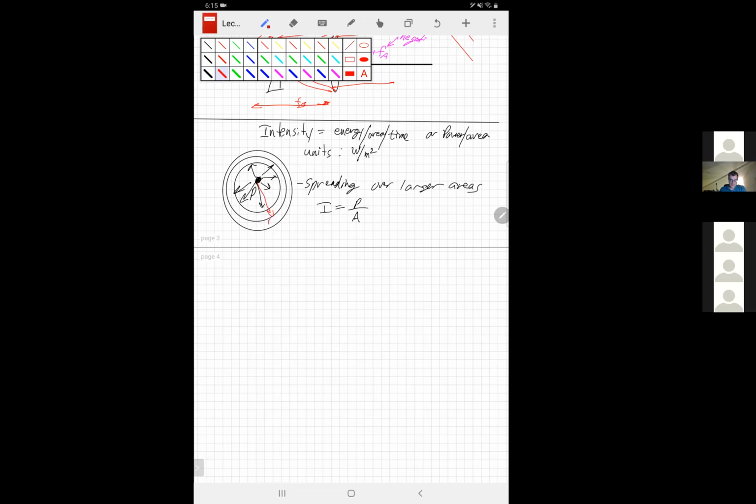If it's spreading over a surface of radius r, that's going to be P over 4 pi r squared. As we go farther and farther away, the intensity gets smaller and smaller, and it decreases as 1 over r squared, meaning inversely proportional to r squared. Any questions so far?